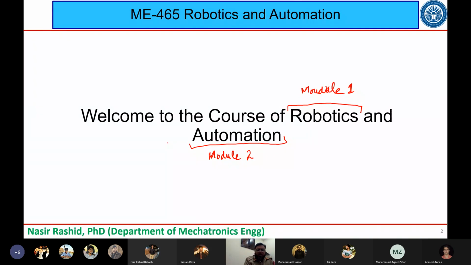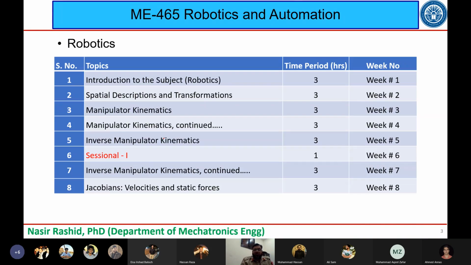So this is the course which we are going to go through for the next semester, dealing with robotics and automation, and I have divided it into two modules.